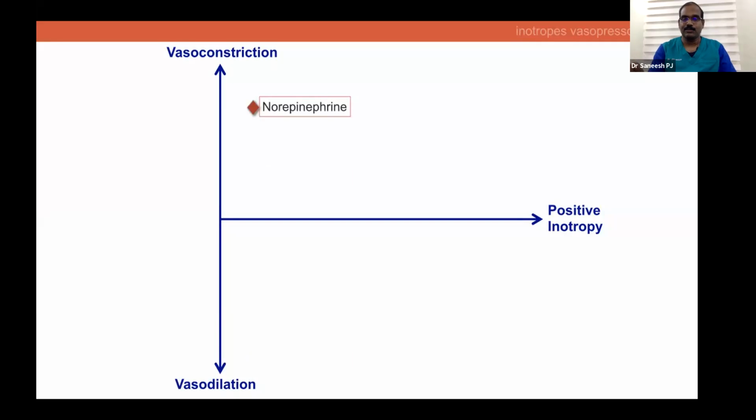Norepinephrine is slightly towards the right, but more towards the vasoconstriction action. For low dose epinephrine or dopamine, we have come right across to the positive inotropic side; regarding vasoconstriction, only a little bit above the baseline. When you go to high dose dopamine, the increase in inotropy is marginal, but it becomes more significantly vasoconstrictor.